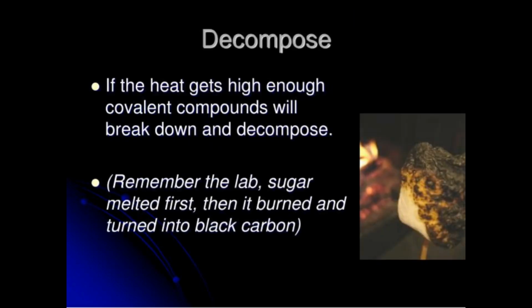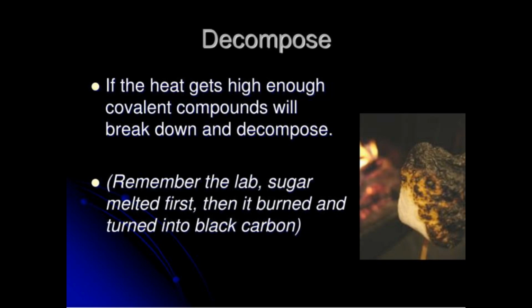So another property is decomposition. If the heat gets high enough, the covalent compound will break down and decompose. An example is sugar: it melts first, then it burns and turns into black carbon. Sugar is an organic substance and of course is a covalent compound.